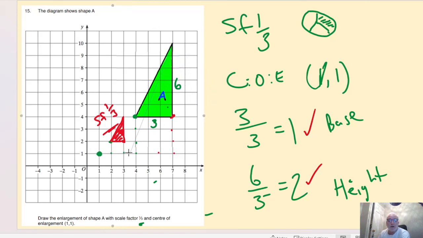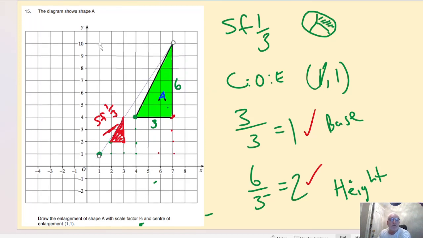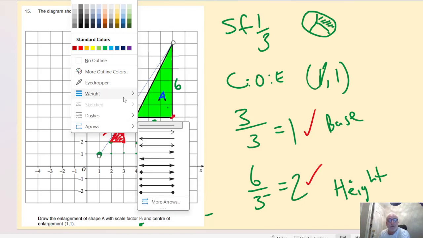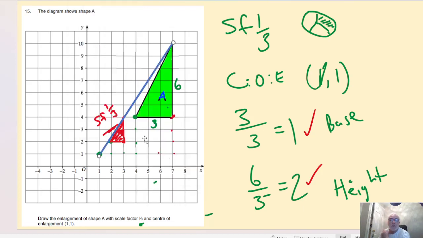Okay, and let's drag it down to my center of enlargement. And again, make this one a little bit thicker so we can see the line a little bit clearer. And you will see the line will fit from the top point of my triangle to the top point of my new triangle. Okay.